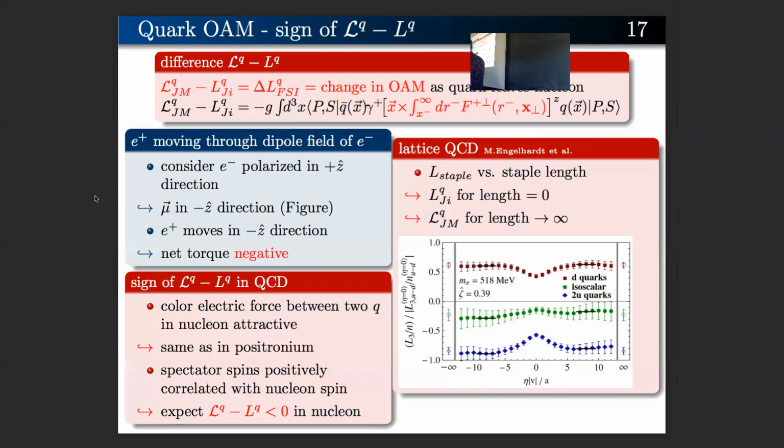And if you do the same thing with Jaffe-Manoha, you get the gauge link at infinity, which is what Jaffe-Manoha corresponds to. Okay.